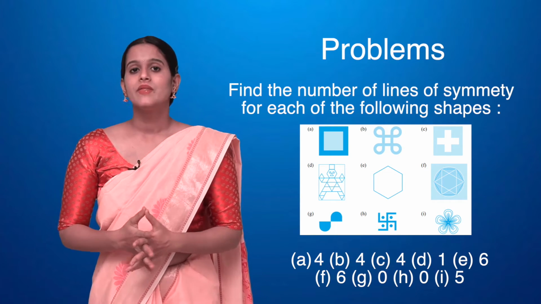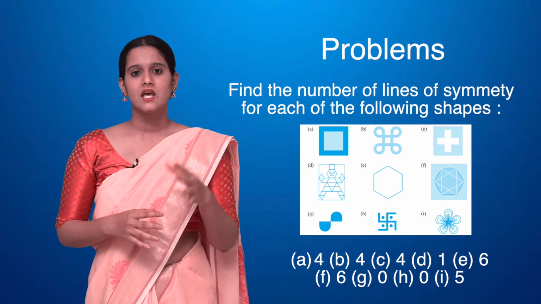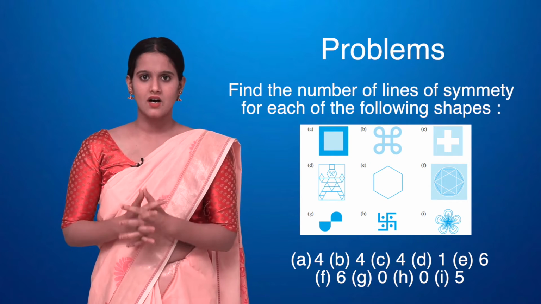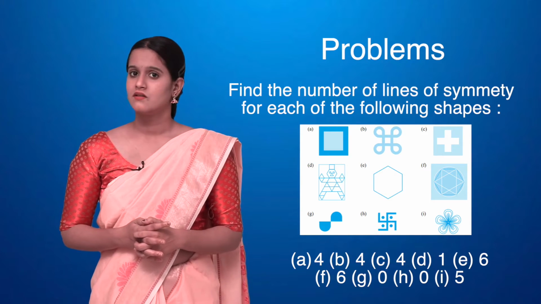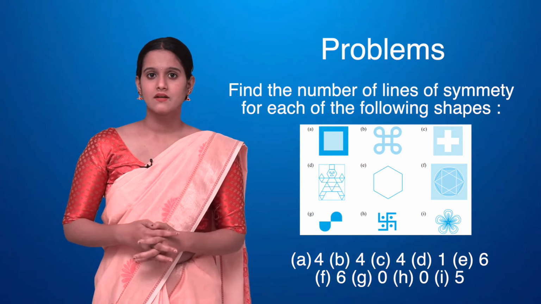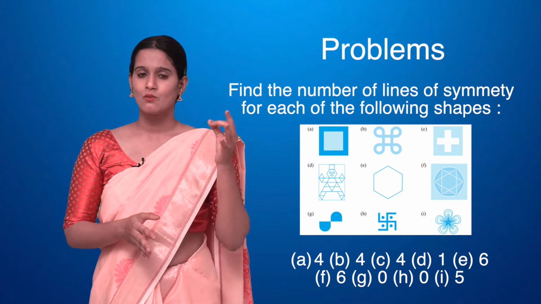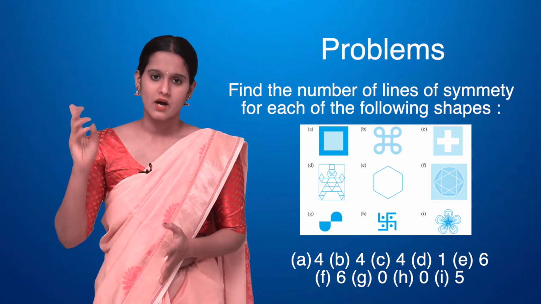Again here I am getting 4 lines of symmetry, right? Whereas the next one is in the form of a doll. Here if I draw 4 lines, we can't find it as a symmetry. But in the middle, if I draw 1 line of symmetry, I can find 1 half would be symmetric to the other half. So here the line of symmetry would be only 1.